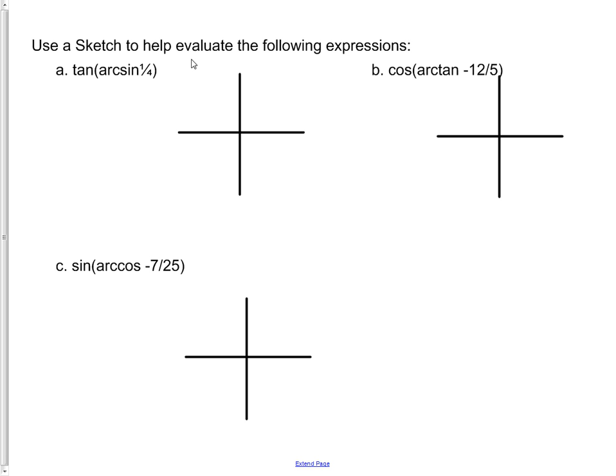In this case, let's look at it. Arc sine of 1/4. The way I think about it is that there's got to be some angle theta whose sine is equal to positive 1/4. So what could we say? Well, first of all, whatever that angle theta is, it has to be between negative pi over 2 and positive pi over 2.